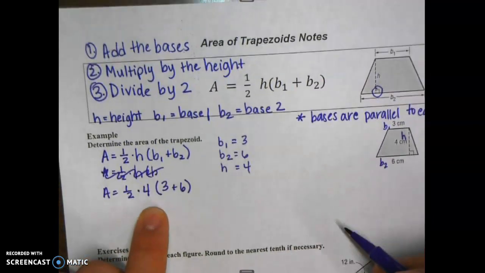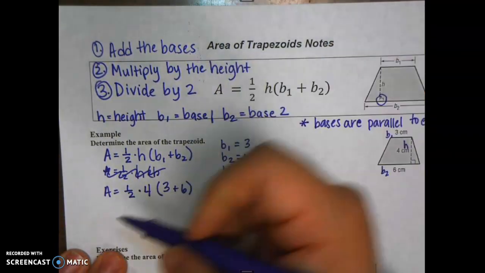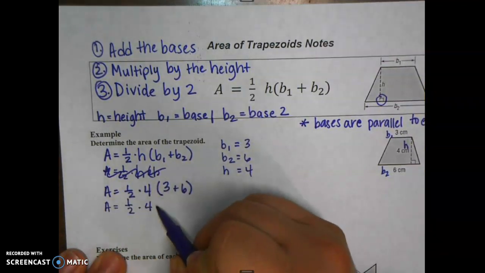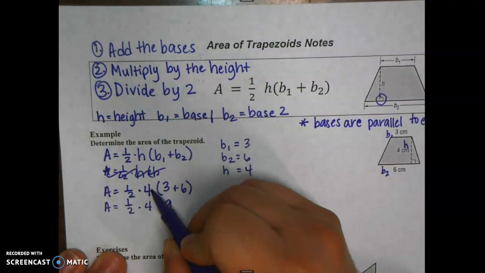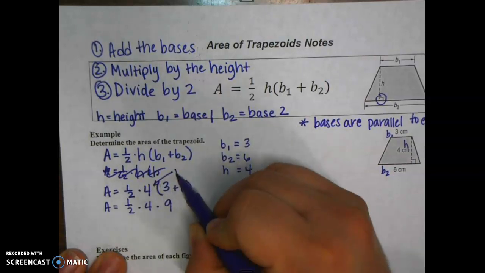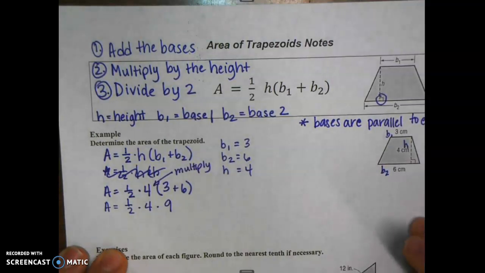So like the directions say at the top, add the bases. So the first thing we'll do is add the bases. So area equals 1/2 times 4 times 9. Remember, when you have a number next to a parenthesis, that means to multiply.